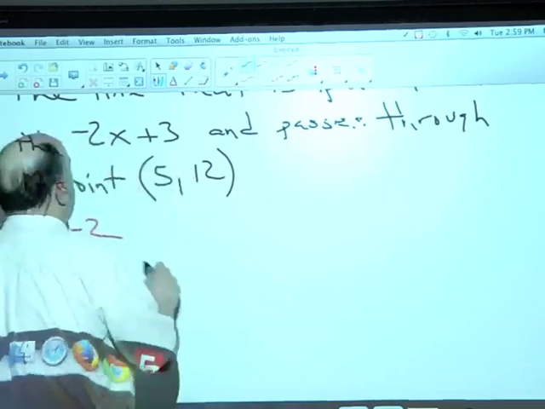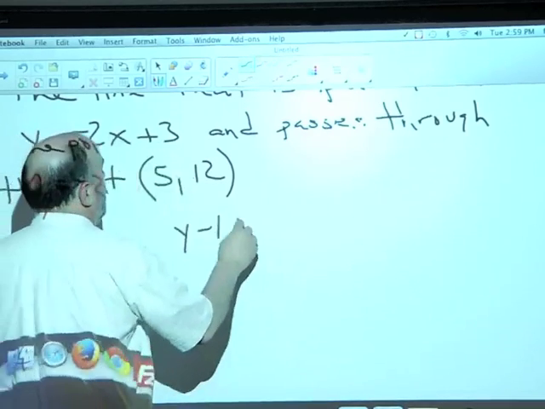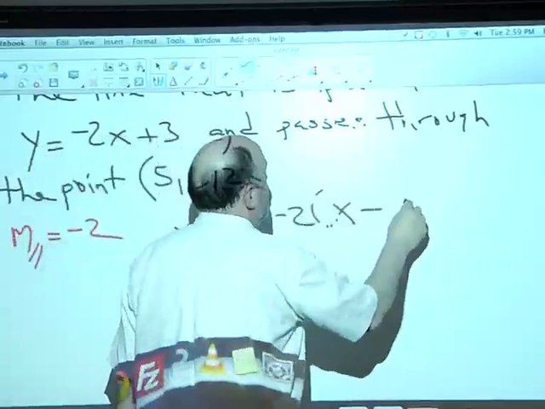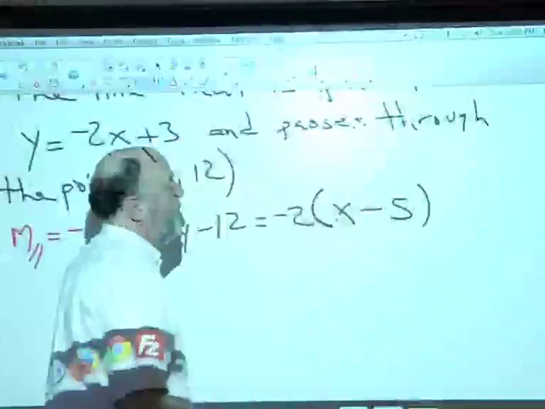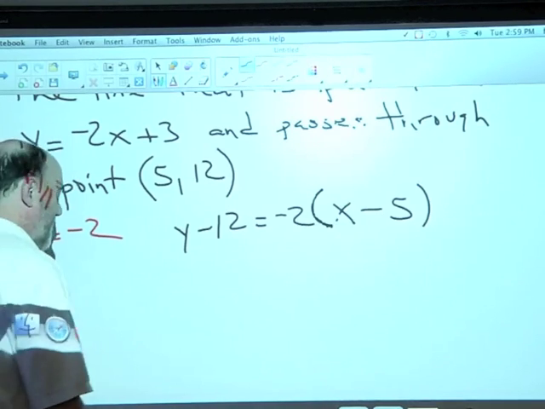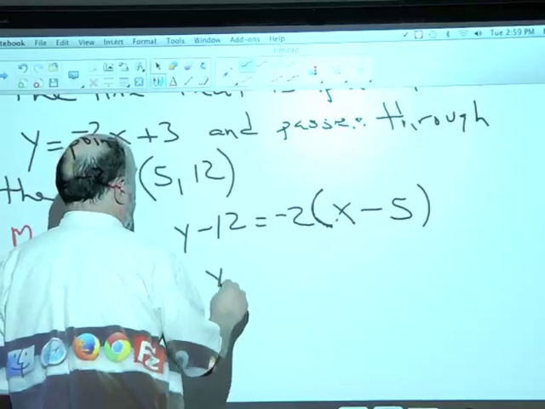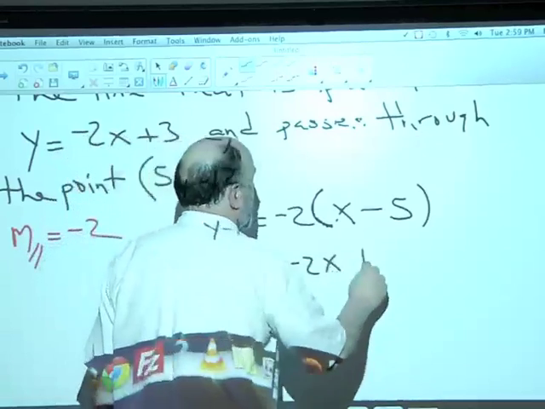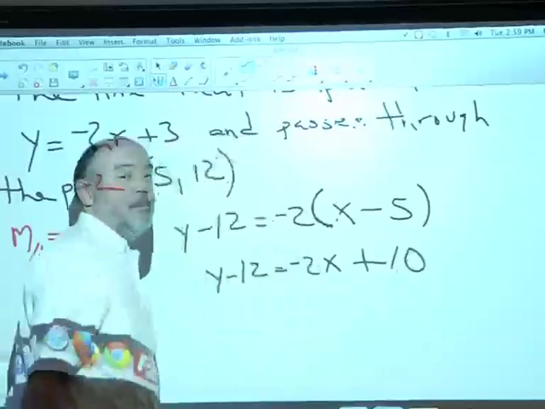So we get y minus 12 equals minus 2 times x minus 5. Take that equation, solve for y. Now that's just algebra. So this is going to be y minus 12 equals minus 2x plus 10.